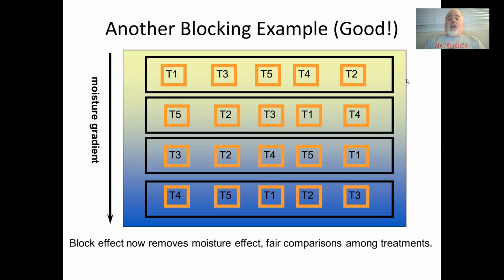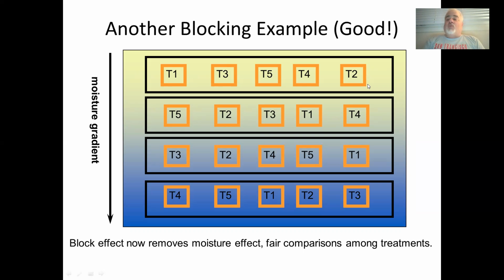It's a blocked design because I have 4 blocks. It's a complete design because if I look at this, every single one of these blocks has treatment 1 through treatment 5, with treatment 1 probably being my control treatment, or my control groups. T1, T2, T3, T4, T5, and so on in each block. And it's randomized. All of them are there. It's complete, and all of them are randomized.